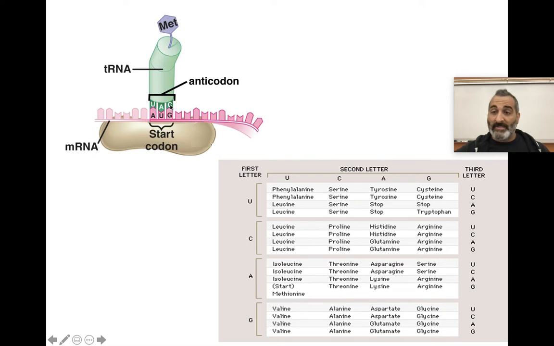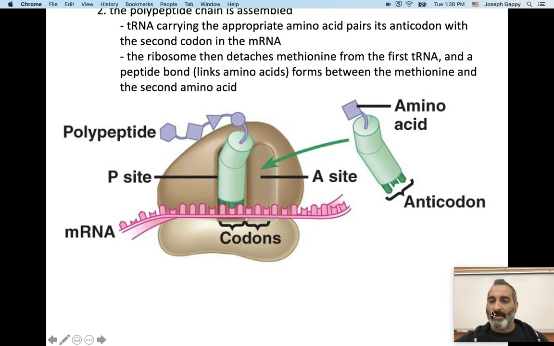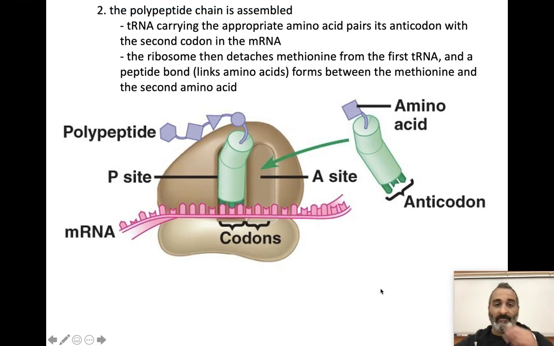So on the test, if I ask you about anticodons, you need to convert codons into anticodons using the base pairing rules. All right, bring the picture back down. Here we go. Now, step 2. Step 1 is the start signal. Step 2 is this mRNA gets fed through the ribosome.